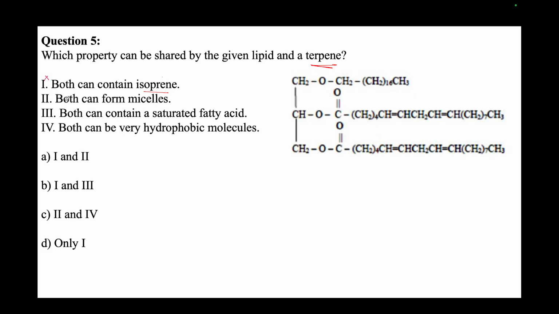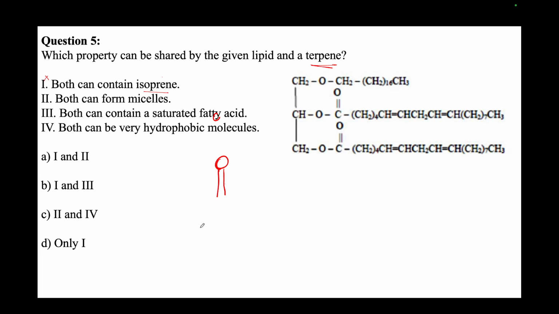Okay, both can form micelles. Now you know lipids can form micelles. What are micelles? They are basically amphipathic molecules. We have lipids that have a polar head group and a non-polar chain, so a polar and a non-polar part.